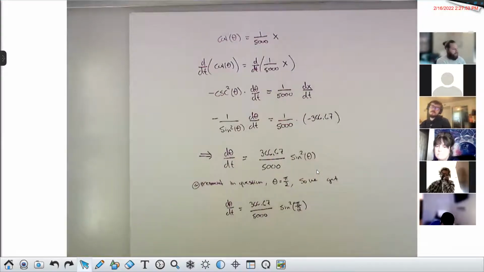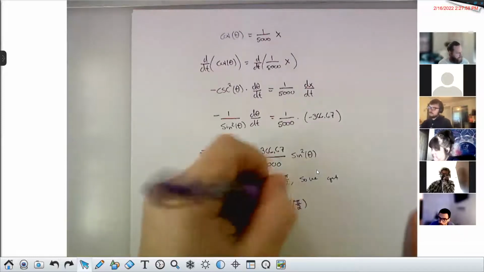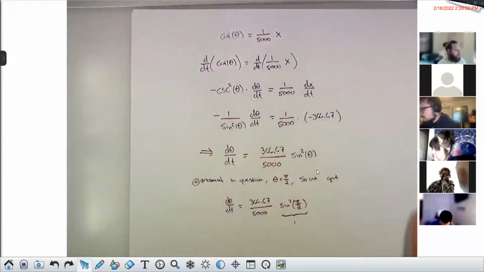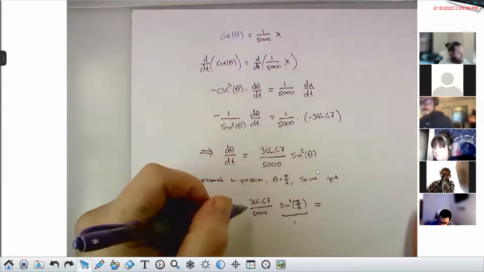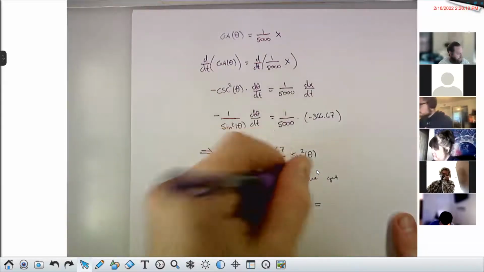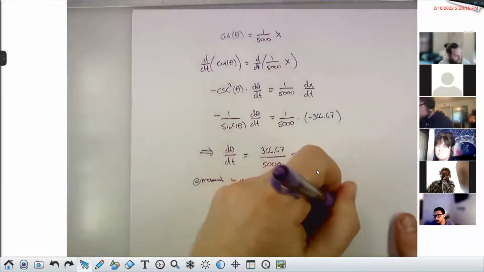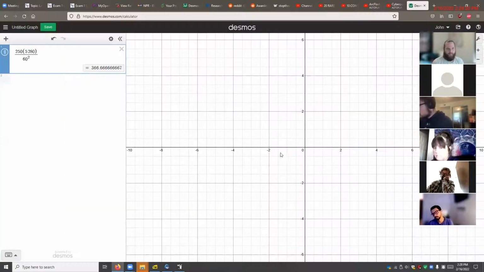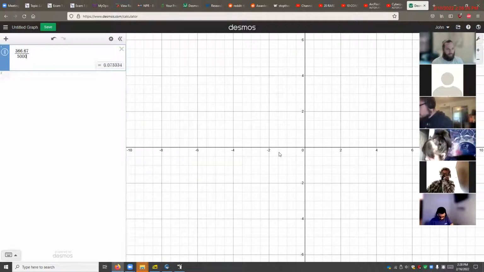And the sine of pi over 2 is 1, so sine squared of pi over 2 is 1. So really our answer is just this guy. And we can approximate that. It's about 0.073.